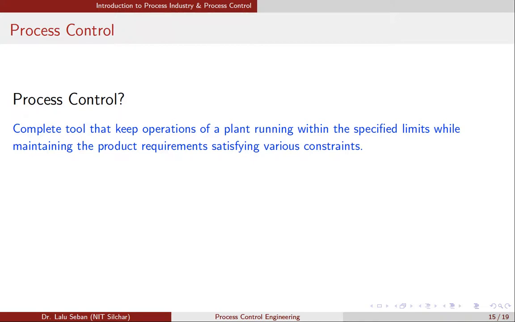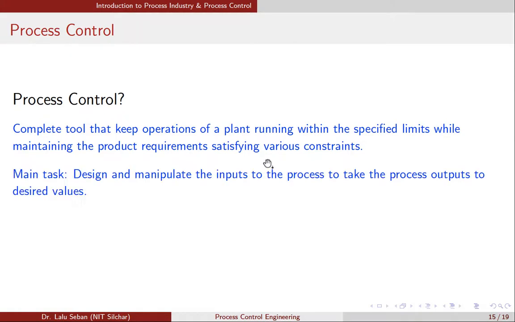Process control gives the complete tool that keeps the operation of a plant running within the specified limits while maintaining the product requirements and satisfying various constraints. So the main task, as we have seen, is to design and manipulate the inputs to the process to take the process output to the desired values.